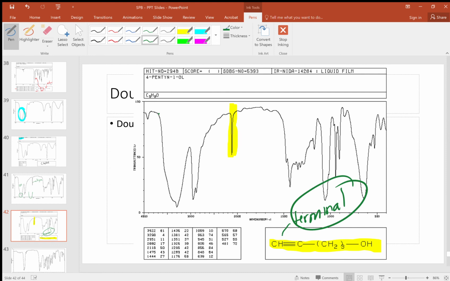And so if you think about what's going on here, if we have our alcohol the way it would normally be, and then if we also had the CH of an alkyne, and those two peaks are just sitting on top of each other, with the CH just kind of peeking out a little bit at the bottom, that would explain the weird shape that we're getting here.